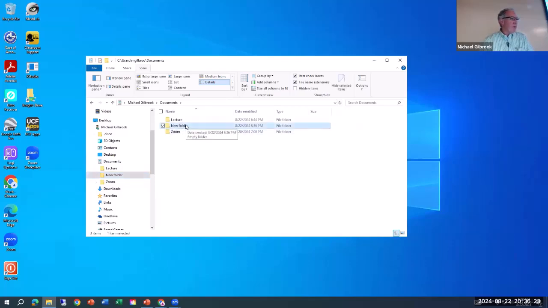Usually it waits for you to name it. Mine didn't. It just created a new folder. So you can click on it and rename it GIS3043C. Enter. All right, no spaces.